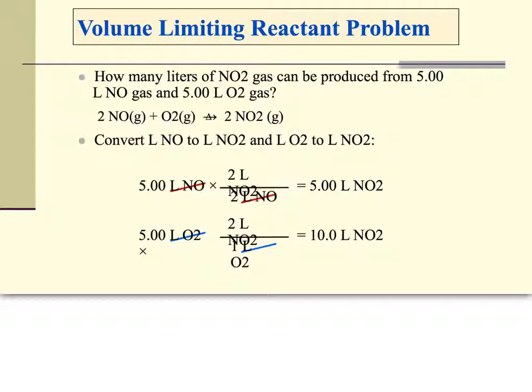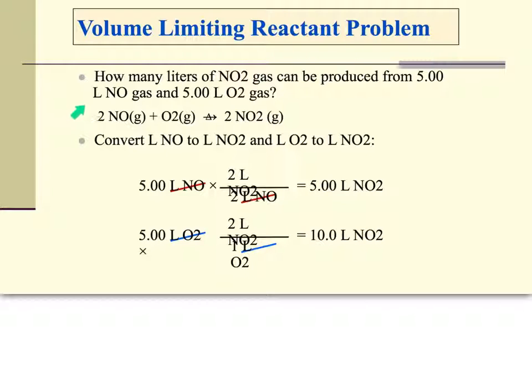So here we have an example using a volume limiting reactant. How many liters of NO2 gas can be produced from 5 liters of NO gas and 5 liters of O2 gas? These problems require mole calculations.